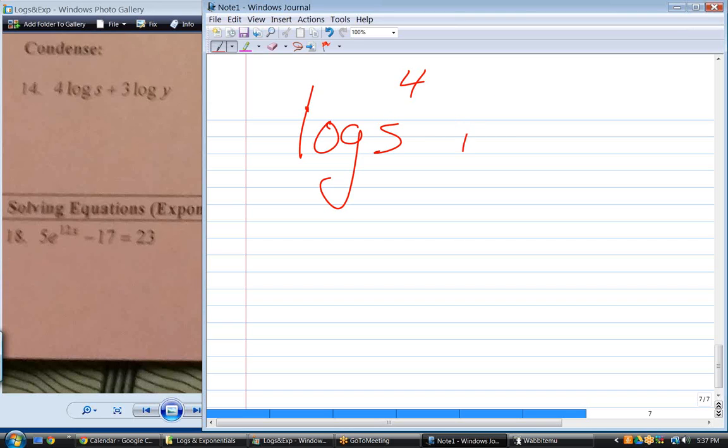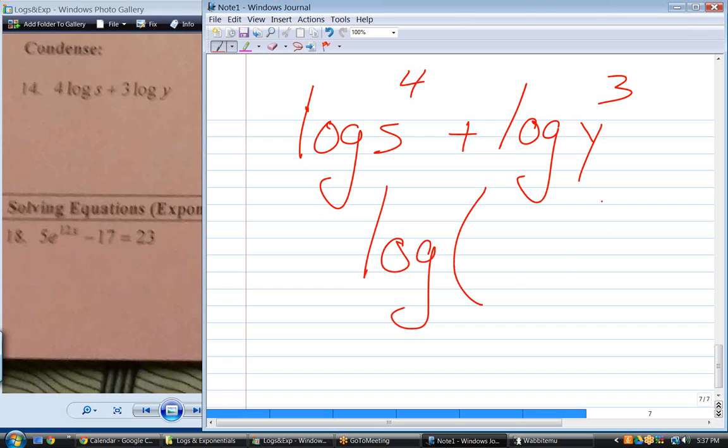Well, first of all, let's do it step by step. So that's the first step. Those two expressions are the same. Now, the next thing is I want to turn it into a single log statement, not 2 log statements. Log of s to the 4th, y to the 3rd. Exactly.